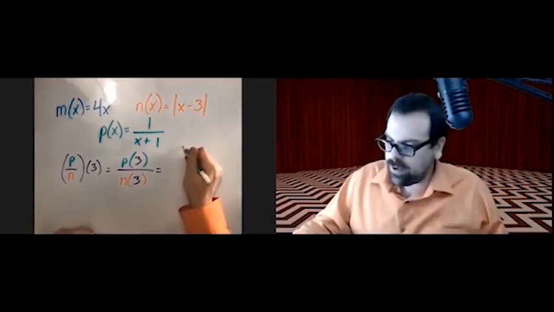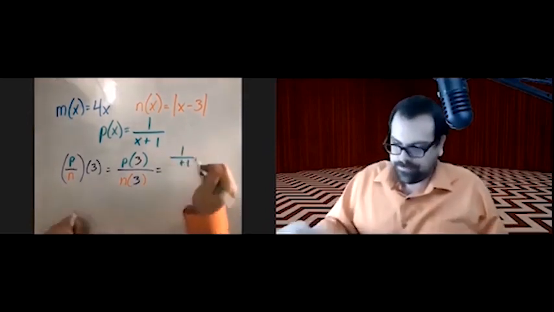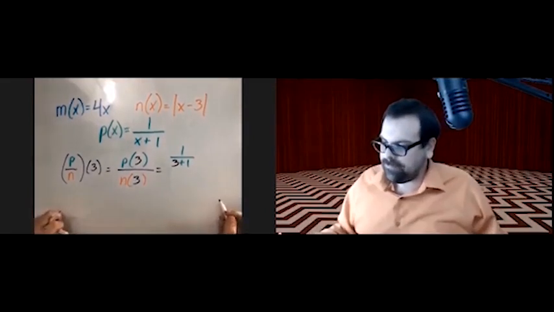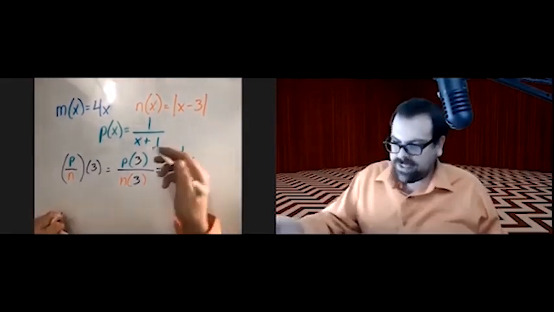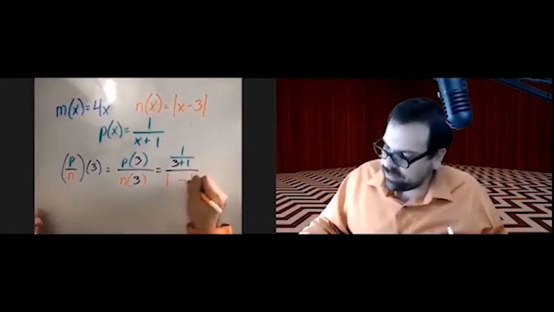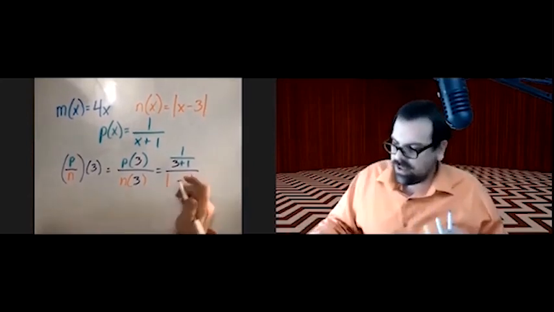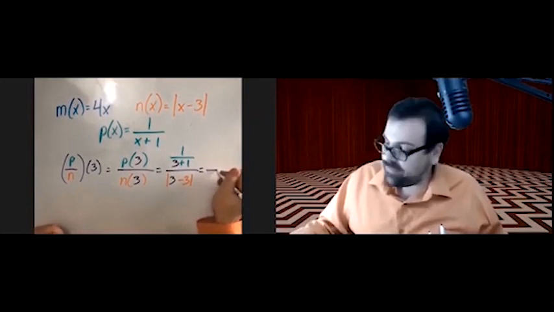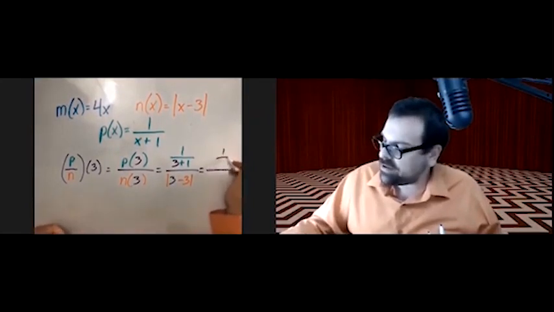P of 3 would be 1 over 3 plus 1. What's n of 3? N of 3 would be the absolute value of 3 minus 3. We could keep going and simplify the top, but we already got our answer.